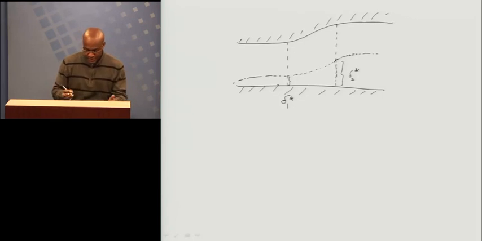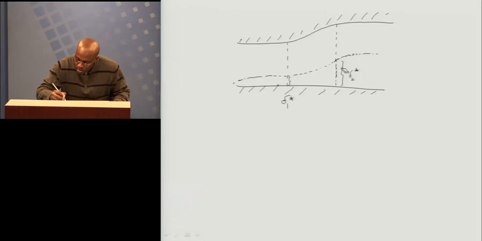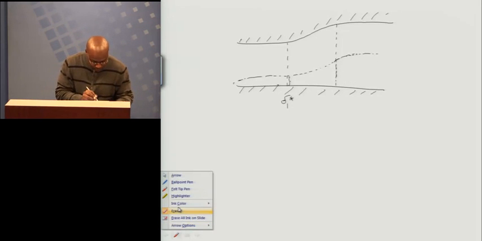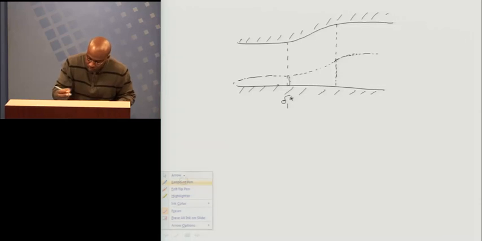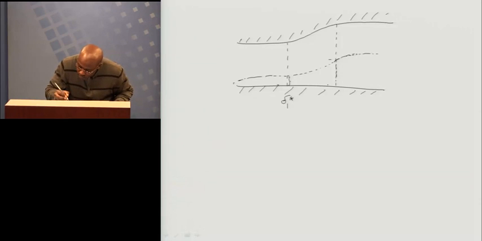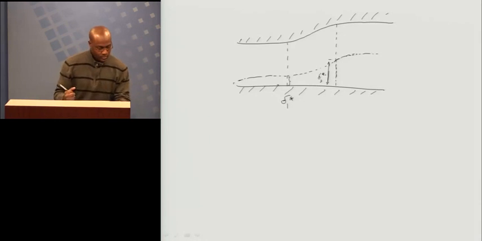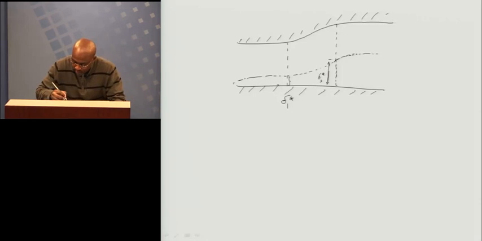Let me draw that a little further because I want to put the velocity profile in. So this here is delta 2. A boundary layer at this point would separate, and you'd have some backflow.